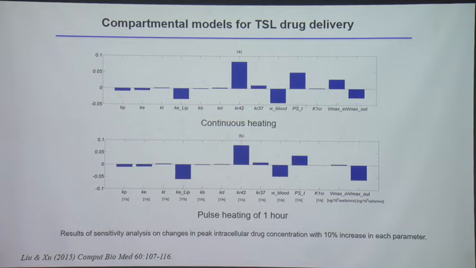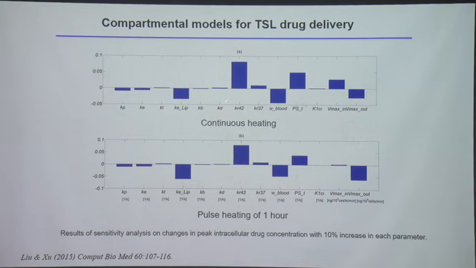The key players are still, for instance, here, KR42, which is the drug release rate from the thermosensitive liposomes at mild hyperthermia temperature, 42 degrees centigrade. This seems to be a key player, and it's still the tallest over here.